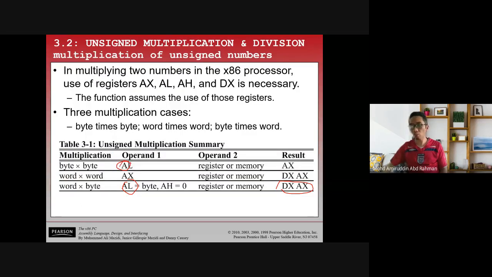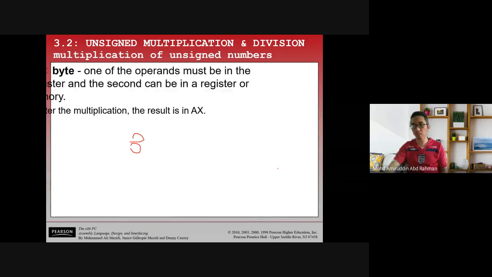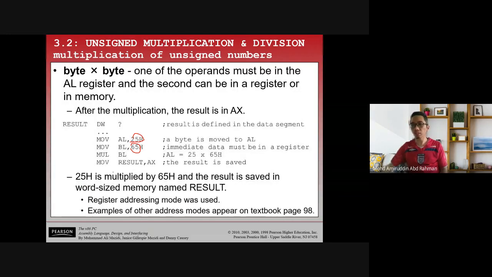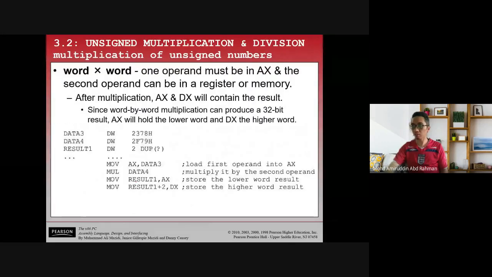When we have operand 1 as AL, the result will be stored in AX. So we just move AX to the result. Over here, the register addressing mode was used. We also have another example in the textbook as well. So that's byte times byte.